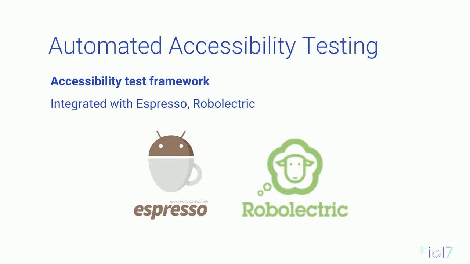We integrated this testing framework into two common test frameworks called Robolectric and Espresso. If you're already using those testing frameworks, you can simply turn on accessibility test functionality within them, and then you might see some of your tests start failing because they could have improved accessibility.